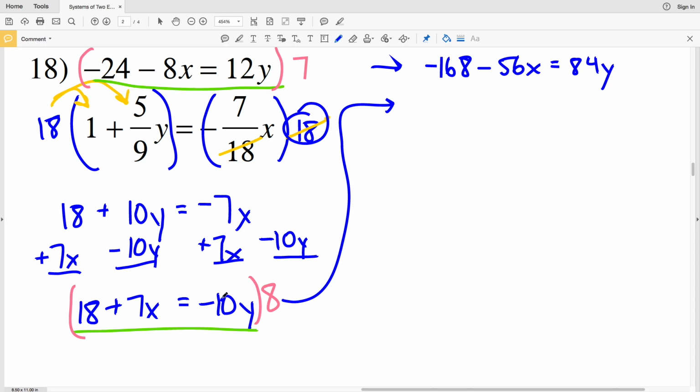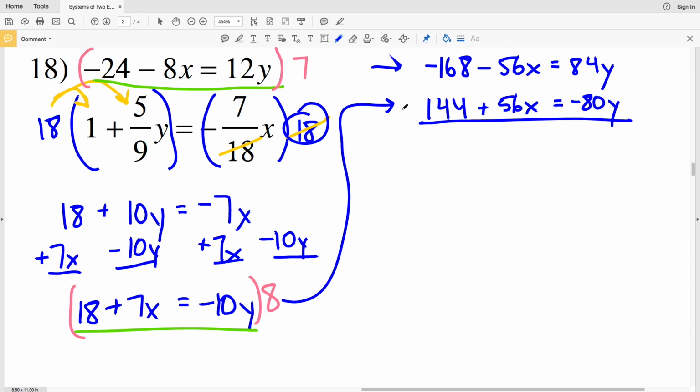And in that new bottom equation, I'll multiply 8 to 18, 7x, and negative 10y. So 8 times 18 is 144, and then I'll be adding that to 7x times 8, which is 56x, and that will equal negative 10y times 8, which is negative 80y.